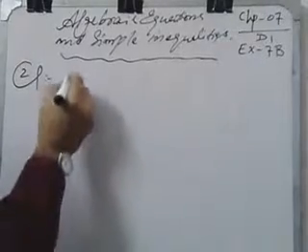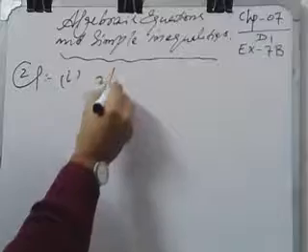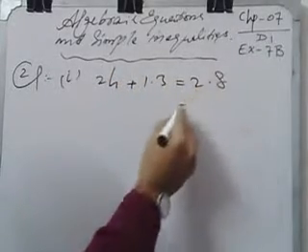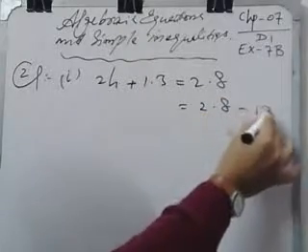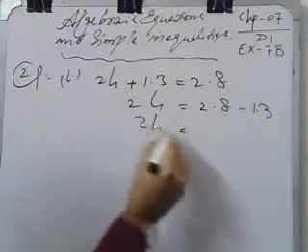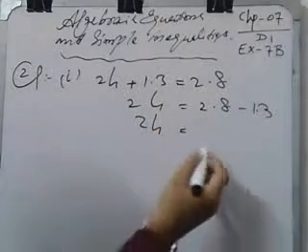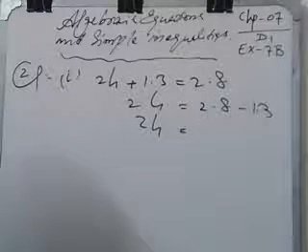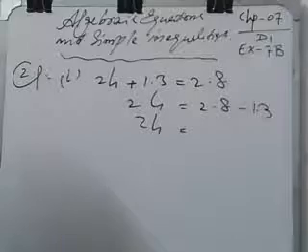Second last part you can see here, because 2h plus 1.3 is equal to 2.8. 2.8 minus 1.3, 2h, h is equal to, so you will get 2.8 minus 1.3, you will get 1.5.